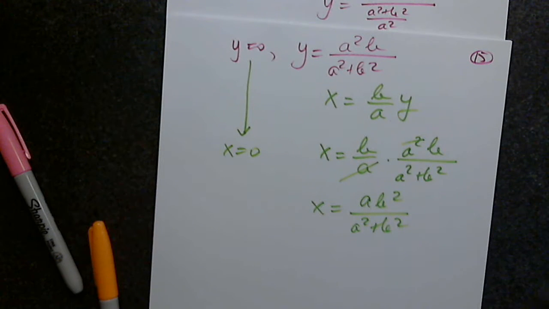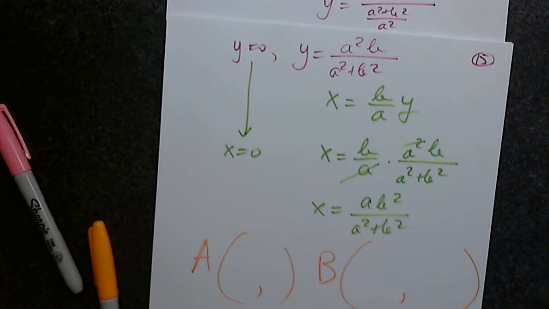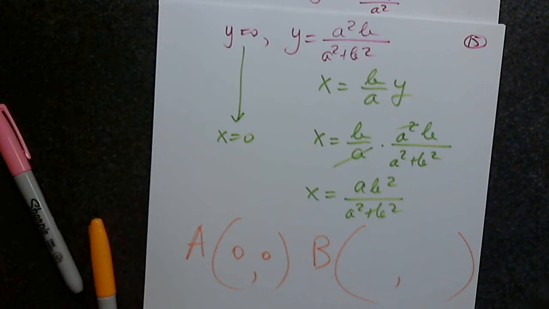So finally, can anyone give us those 2 points? Point A and point B. Yes, point A is nice. Very nice. 0, 0. And point B is? So it is a b squared, very good, over a squared plus b squared.